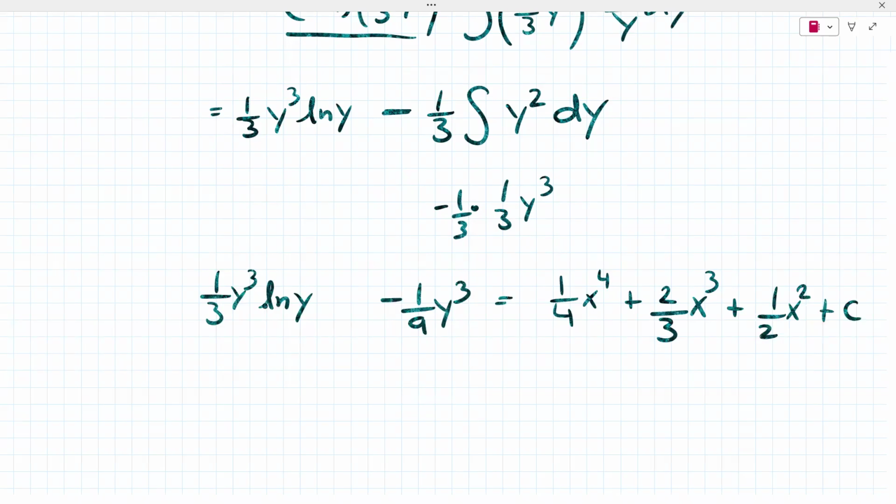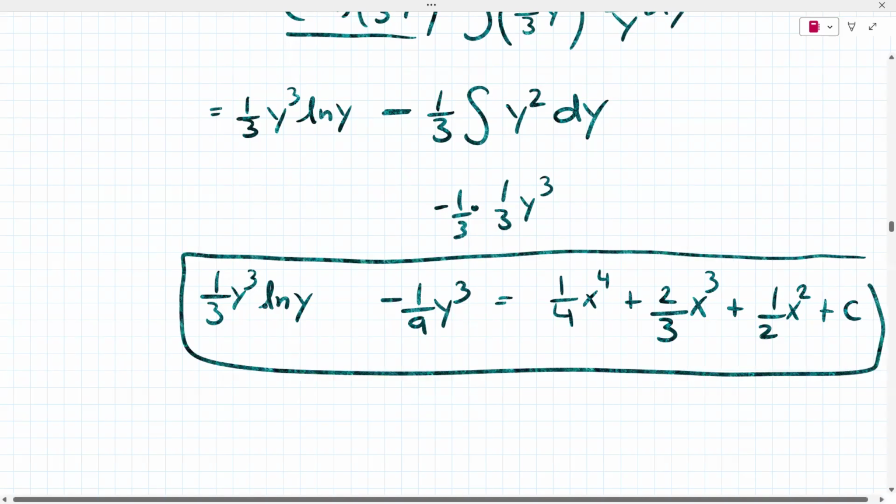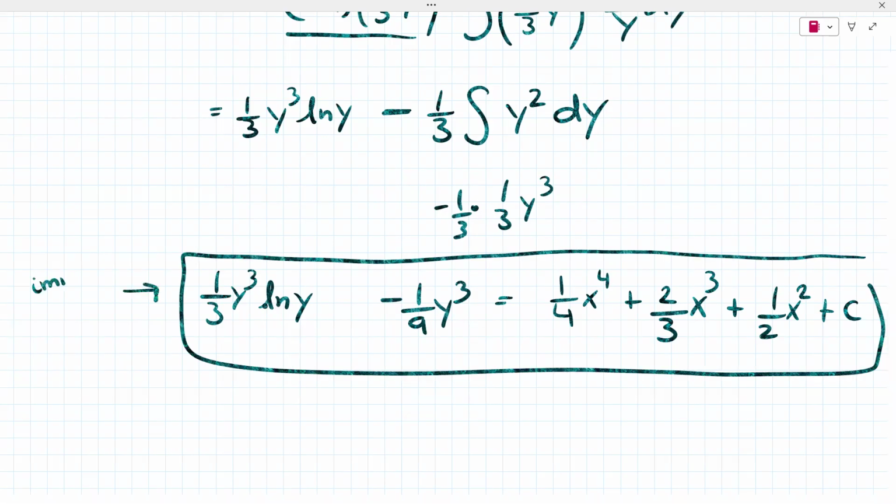Now, this would be your implicit solution, right? We don't have an initial condition, so this is my implicit solution. Now, can we put it in explicit form? I don't think so. I don't think we can actually solve for y. It would be nearly impossible.